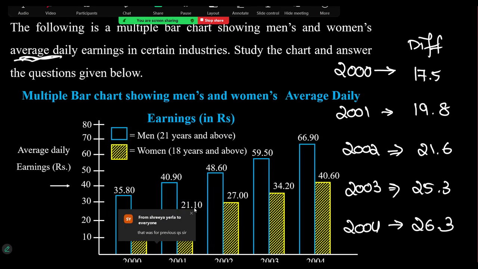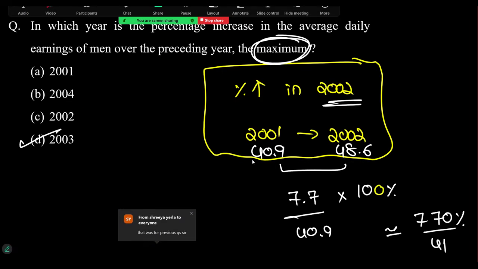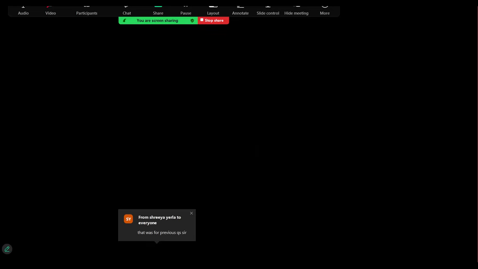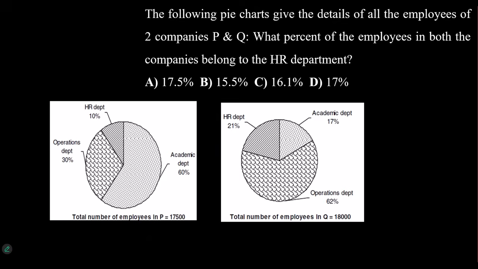Okay, for the previous question, fine. For this question, it's perfect. Now let's see, this bar graph is finished, as time is limited. Now let's see about pie chart.